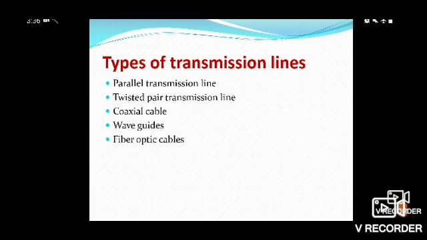And the parallel transmission line can be called a two wire open line. This is the parallel wire type and is most often used for power lines and telephone lines.